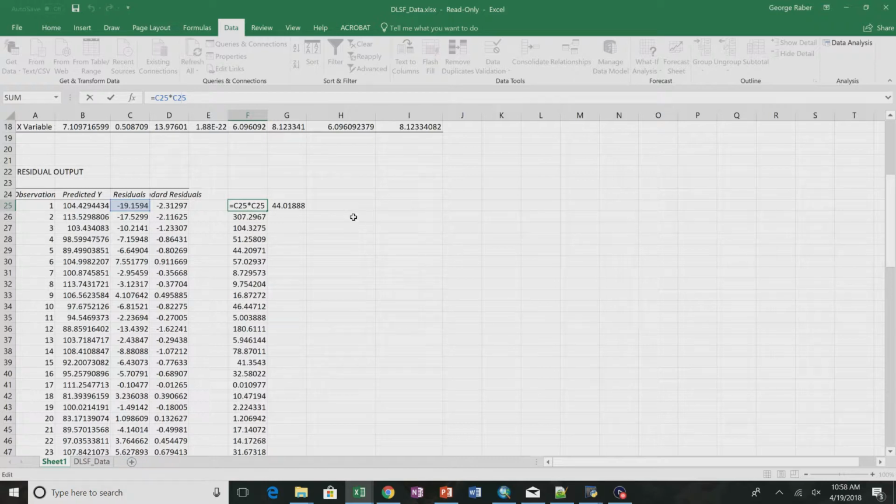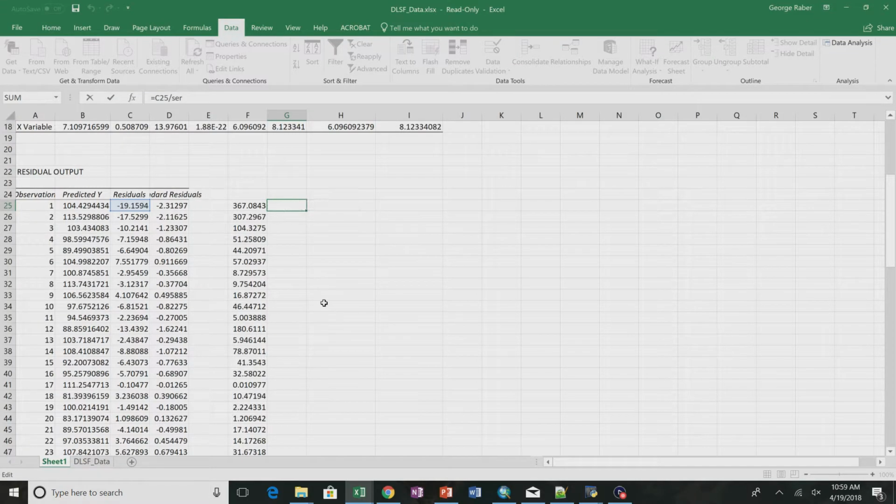Oh, no, sorry. Not this one. It's the actual residual, not the squared residual. There we go. And there must be an observation number missing here, because my number isn't quite the same as that number.